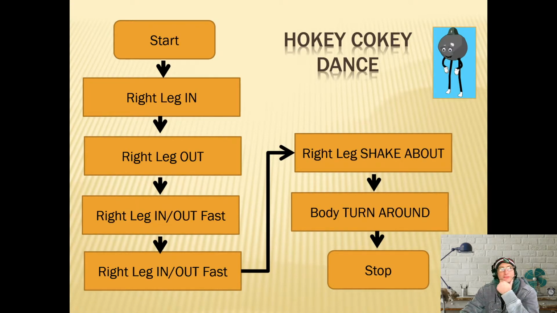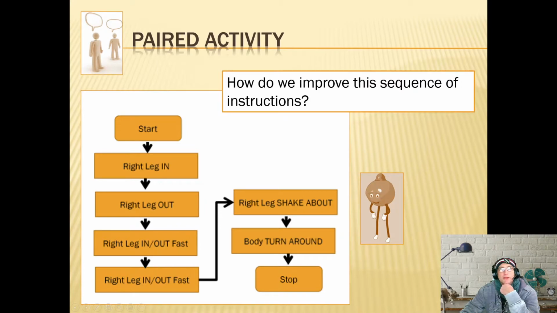So you should have something like this. Right leg in, right leg out, right leg in out fast, right leg in out fast, right leg shake about, body turn around and stop. So how can we improve this sequence of instructions?